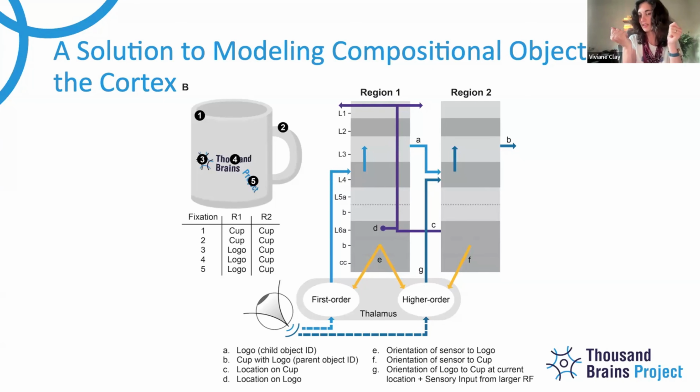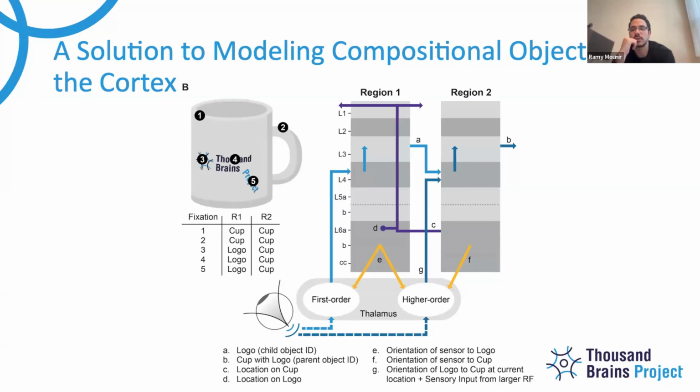The orientation of the logo is changing, and the orientation of the mug is changing, but the relative orientation of the logo to the mug is unchanged. So the input here is still exactly the same, and there's no need to update the model. We just need to represent the relative orientation between the logo and the mug. So we can recognize the compositional model in any orientation in the world.